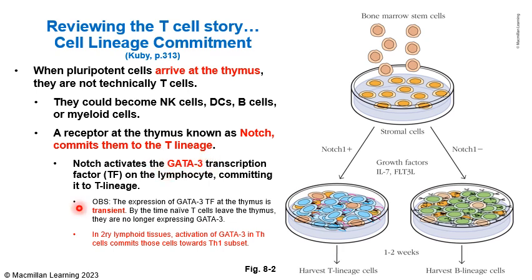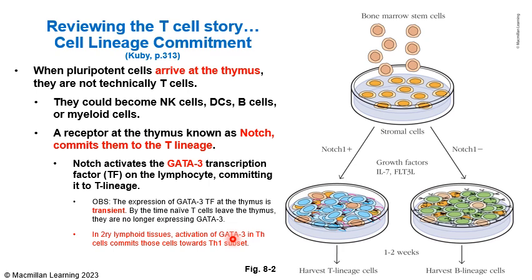So I put some observations here saying that the expression of this transcription factor is not going to be happening forever. It's only temporary until your T cell fully develops, is tested and comes out of the thymus.